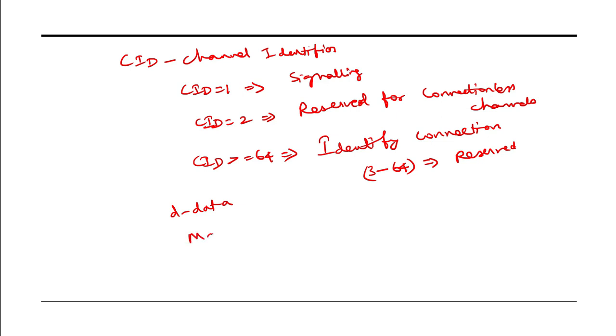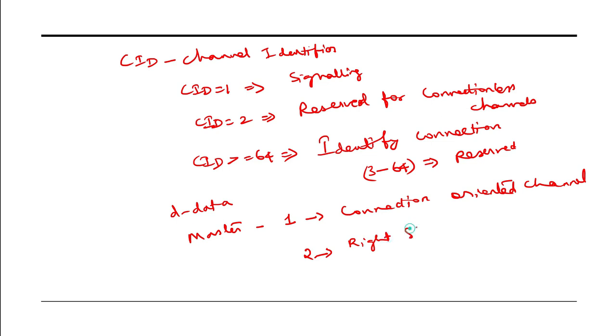When the master is 1, that is used for the connection oriented channel. Master is 1, which is the connection oriented channel, and 2 is for the right slave, while 1 is for the master, which is for the left slave.